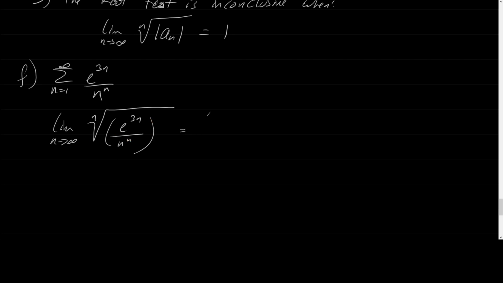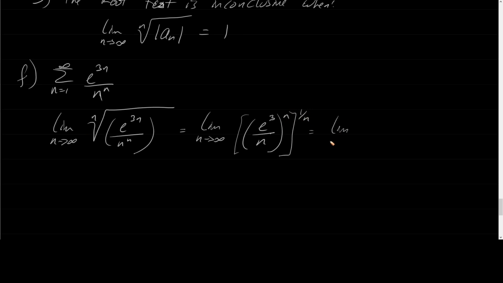Well, we get the limit as n goes to infinity. This part inside here, I'm going to write it as e cubed over n, all of that to the n. And then instead of this nth root, I'm going to write it as the exponent of 1 over n. And at that point, this n times 1 over n cancel each other out.